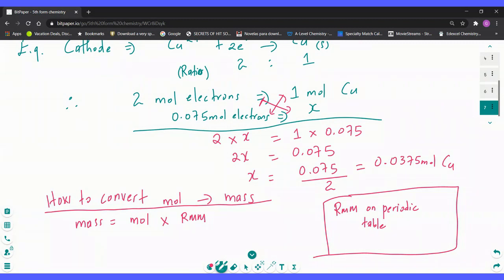Let me just show you how to find the RMM of any substance that you need to find. So it's a paper 2 book, yes. Look at the very front of it. You will see a periodic table.